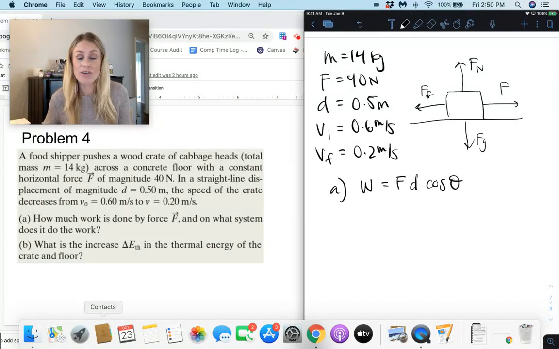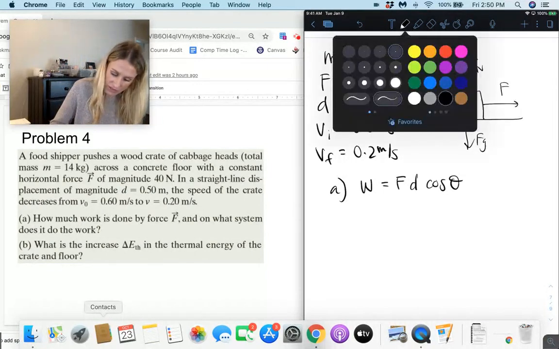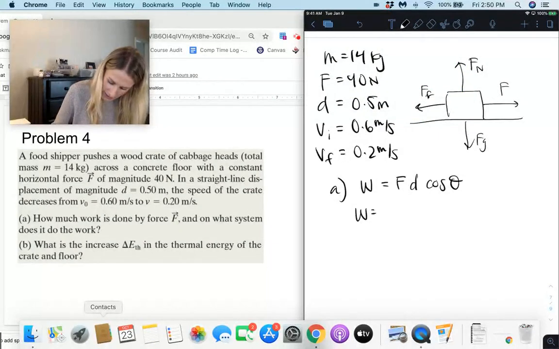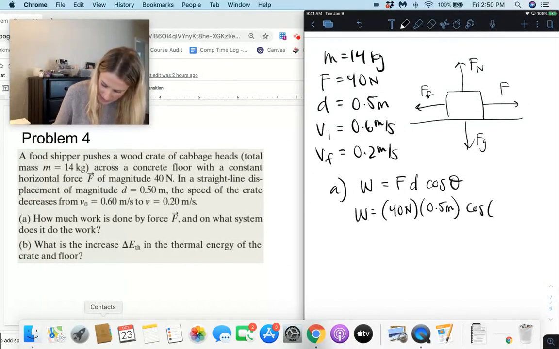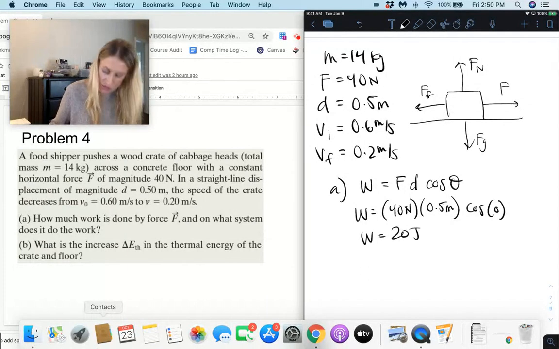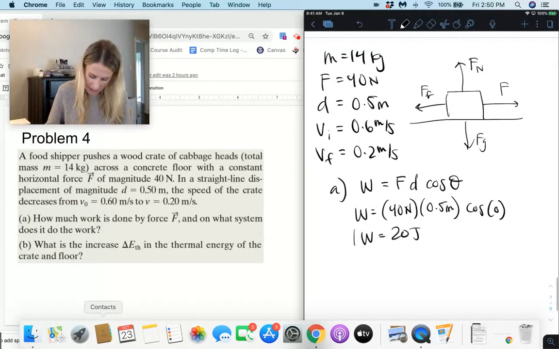They don't give us an angle, so it's in the same direction as the displacement, so that's a cosine of 0, which is just a positive 1. So work is equal to the force, 40 newtons, times displacement, 0.5 meters, times the cosine of 0. So the work done is equal to 20 joules. That's the work done by our applied force.